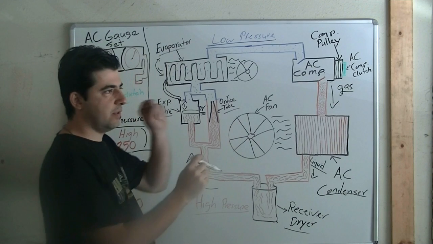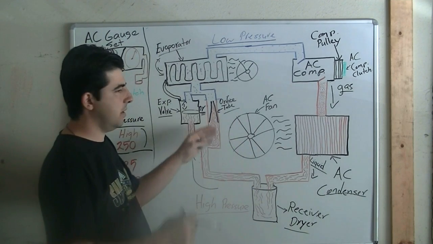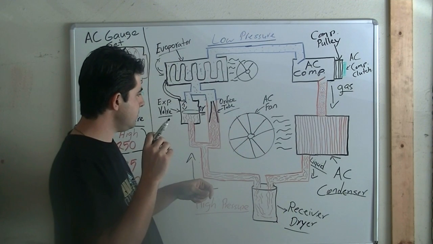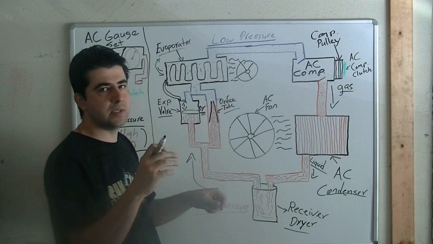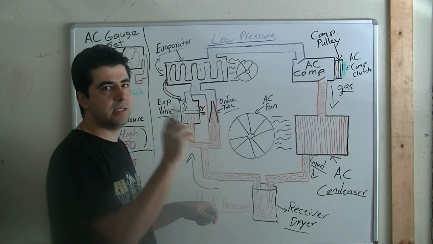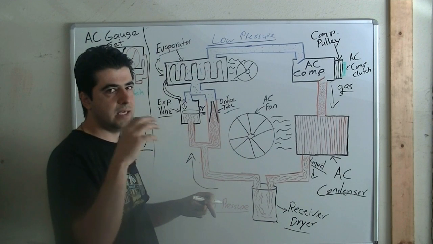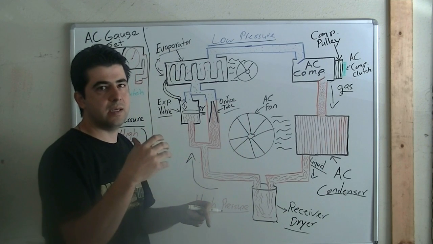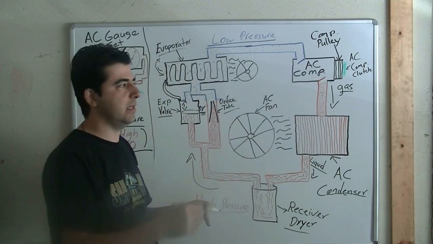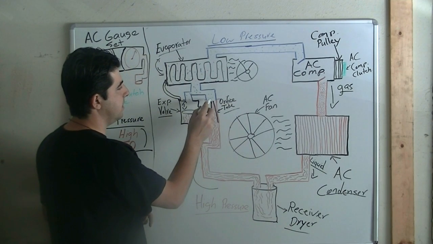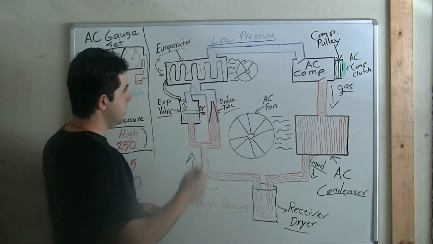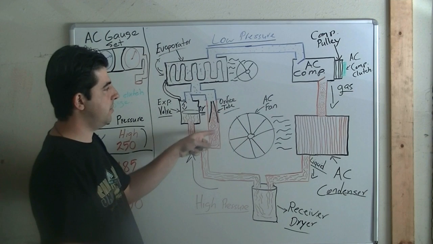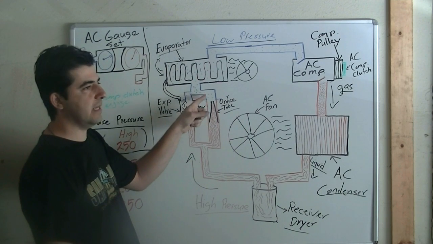As they force it through that opening, it goes from high pressure on one side to low pressure on the other side, and your refrigerant, which is in a liquid state, starts turning into gas, and as it does, it uses all of its heat and cools down quickly and rapidly, because it's going from high pressure to low pressure and from liquid to gas.